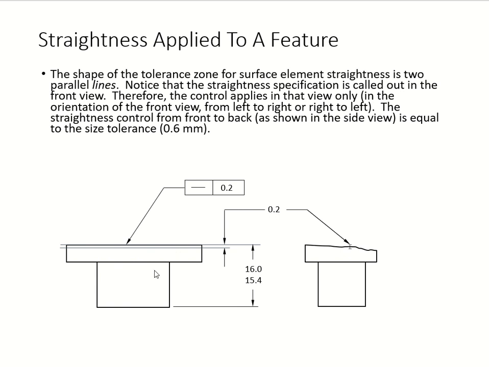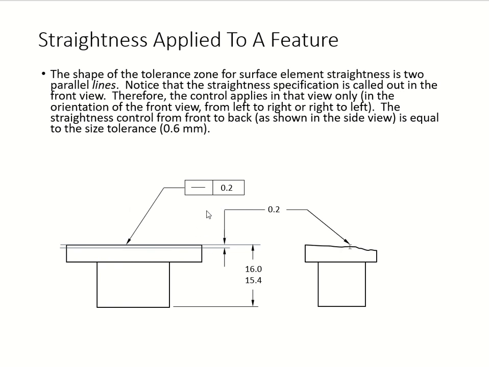So the control is dealing with your front view, so your control applies to only that view. If you think about all three dimensions, you're going to have a 0.6 millimeter for the whole thing. So that's the straightness control from the front all the way to the back.